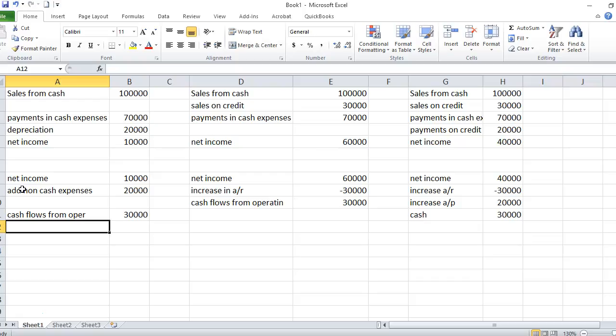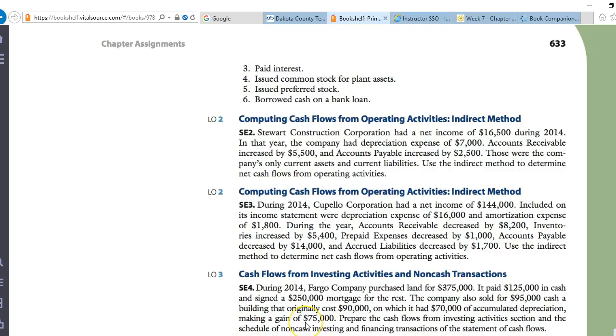Let's go over another problem. SE3. During 2014, Kupalo Corporation had a net income of $144,000. Included on its income statement was depreciation of $16,000 and amortization expense of $1,800.